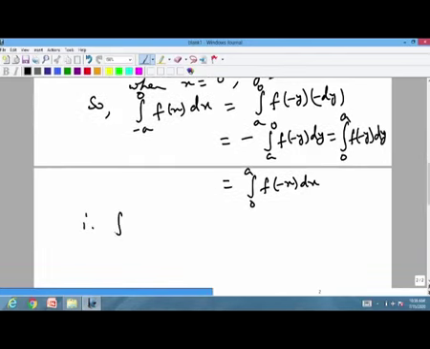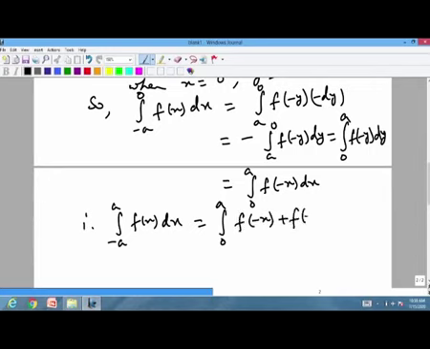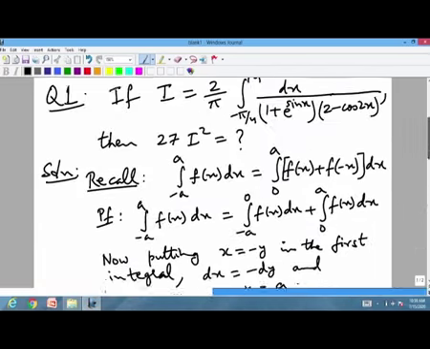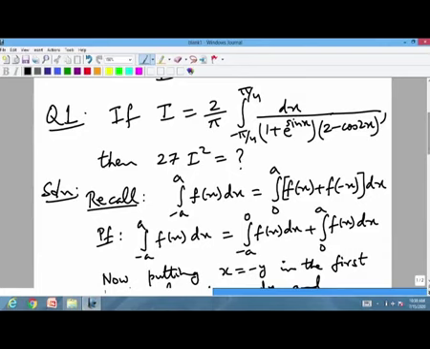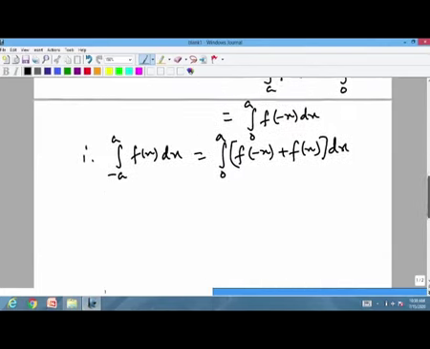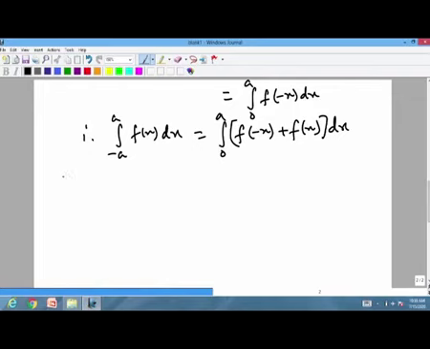Therefore, the integral from minus a to a of f(x) dx is equal to the integral from 0 to a of f(minus x) plus f(x) dx, which is our formula. Of course, there are two special cases which are important in many problems.